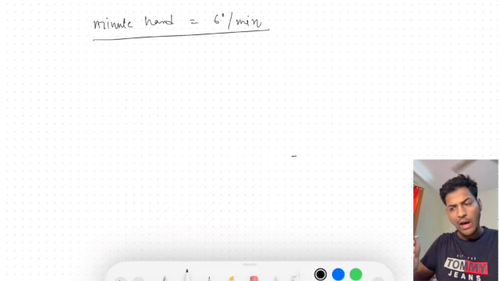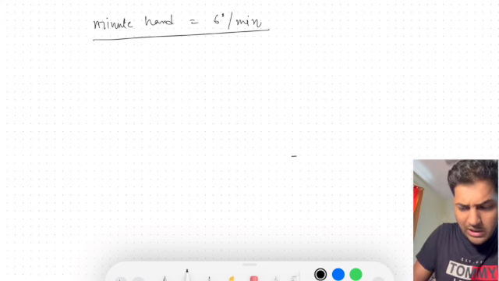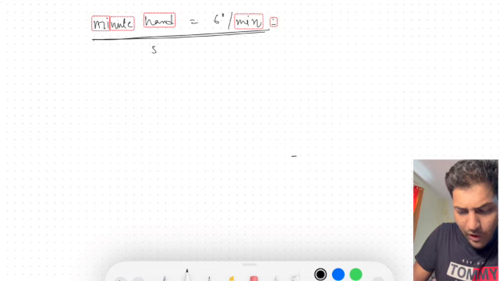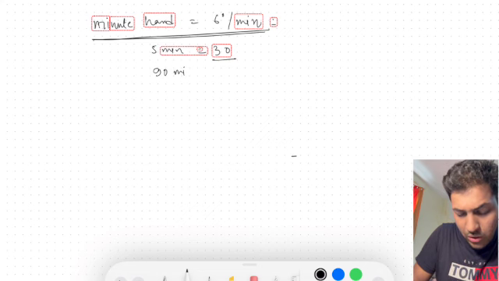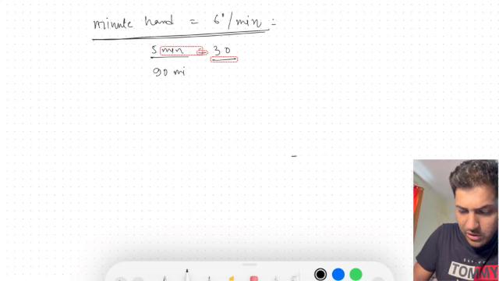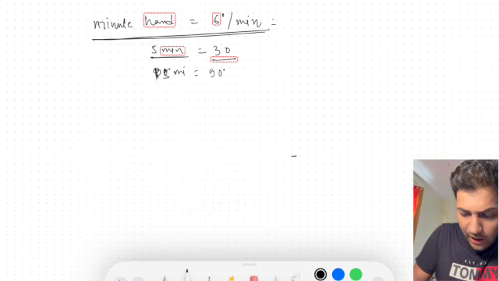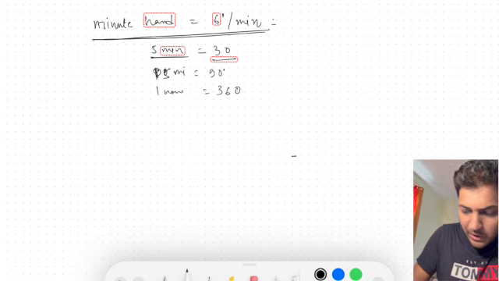That is why I have converted minutes into angles. So 1 minute for the minute hand is equal to 6 degrees, 5 minutes will be equal to 30 degrees, 15 minutes will be equal to 90 degrees, and a total of 1 hour is equal to 360 degrees. This is all with respect to the minute hand.